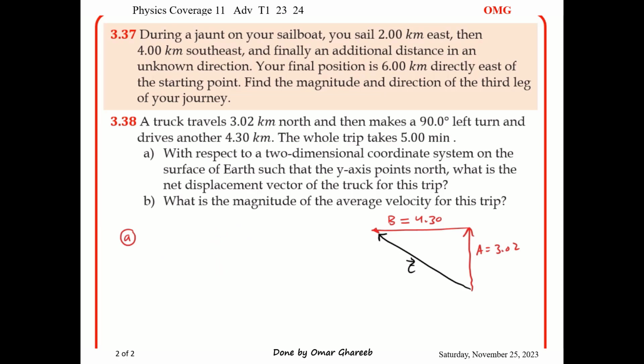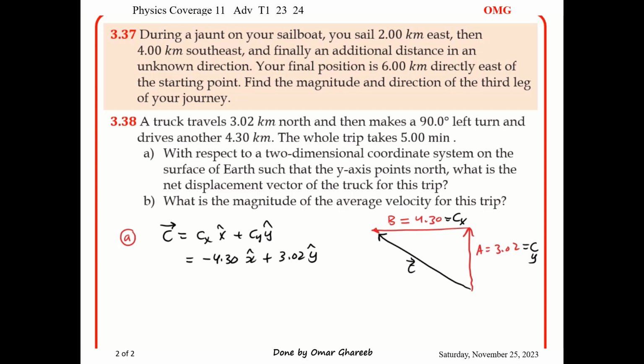So it's very easy. This is Cy and that one is Cx. So C as a vector, the displacement as a vector, is Cx x hat plus Cy y hat. Cx is minus 4.3 because it is to the left, x hat, and Cy is 3.02 and it is positive because it is in the positive y direction.